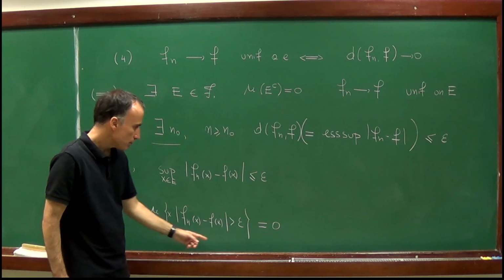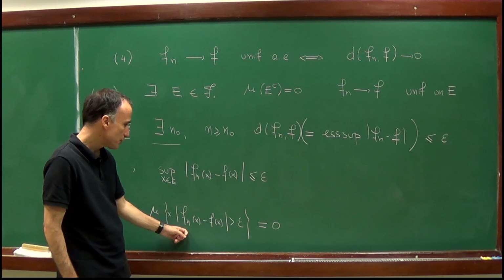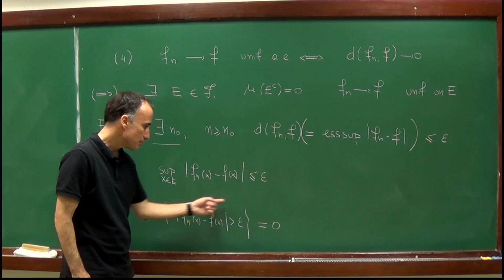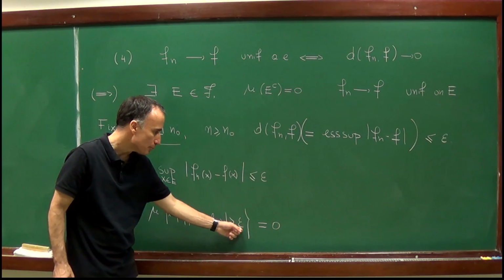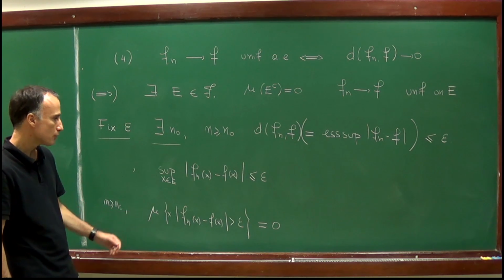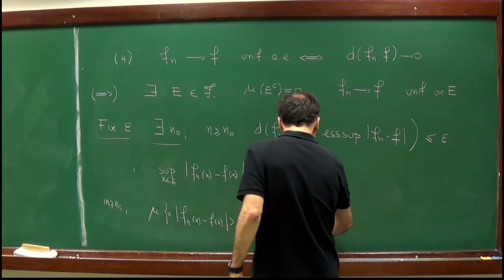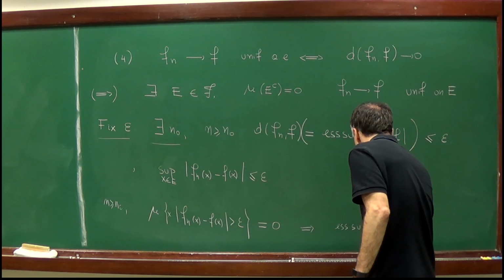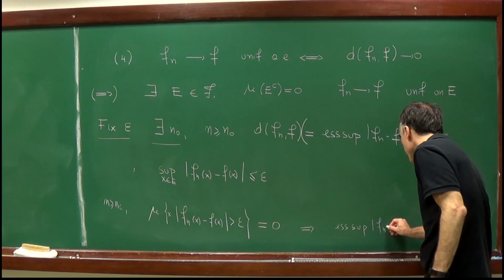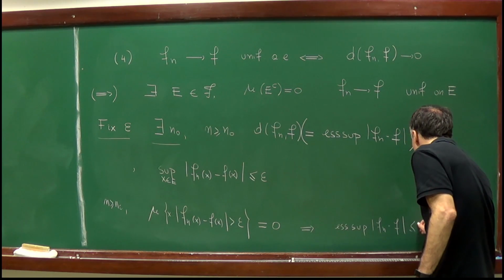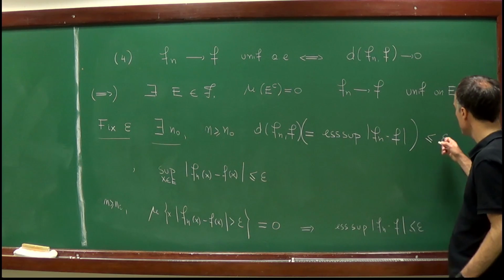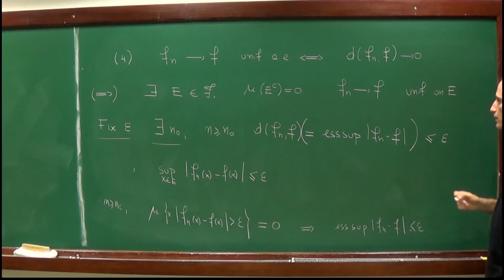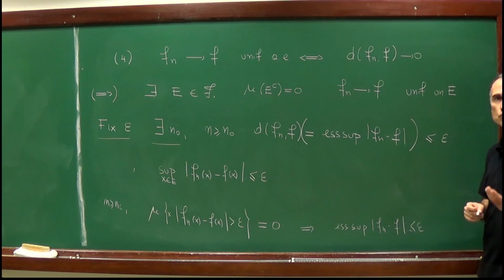If this set has measure 0, this means that the essential supremum of |f_n - f| should be less than or equal to epsilon, because the essential supremum is the infimum over all a which satisfy that inequality. So this proves that the essential supremum of |f_n - f| is less than or equal to epsilon, and this is exactly the distance. So we proved that the distance between f_n and f is converging to 0. So now we have to show the converse.